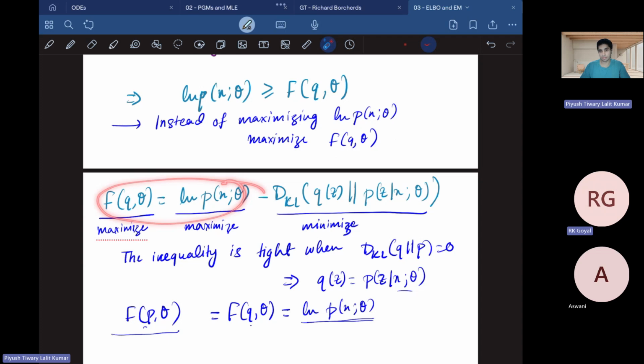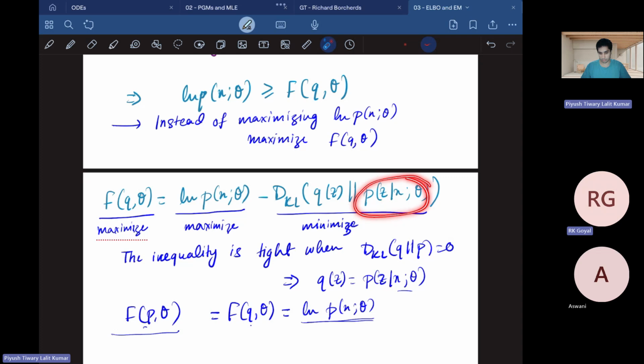But Q is unknown, and so is Z. Z is a random variable. Q is a distribution on that random variable, and that is unknown. Yes, I agree. So to determine the Q distribution, I would be taking the help of the P distribution.